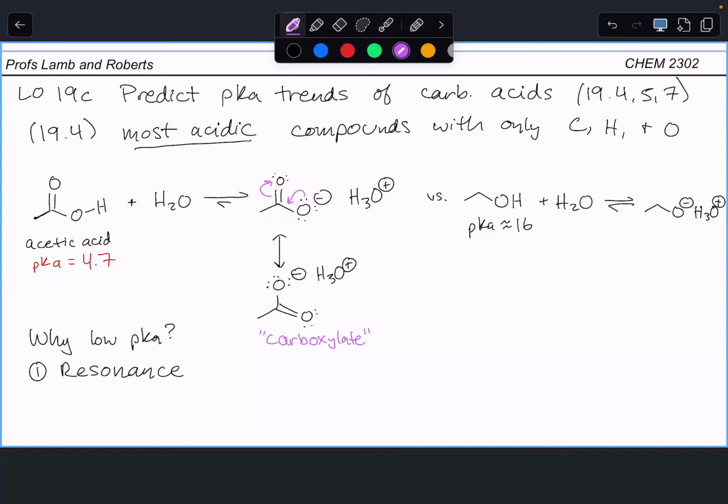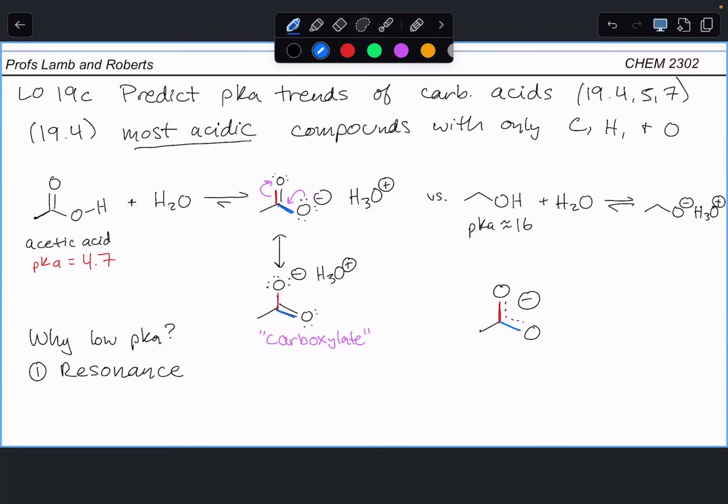So you'll actually sometimes see it drawn like this, where we kind of have a half double bond on each of them, and then that negative charge is sort of shared between the two. This red bond is the one going up here, and this blue bond is the one going down here.